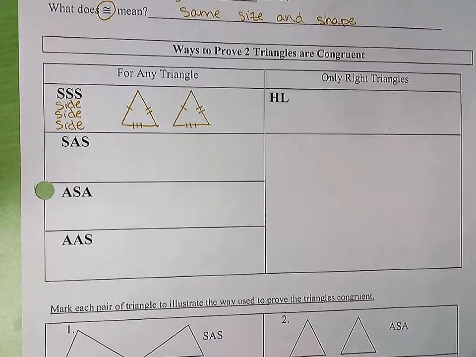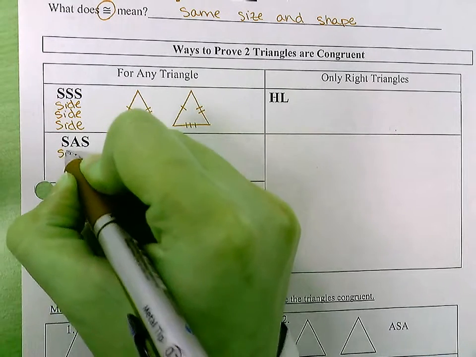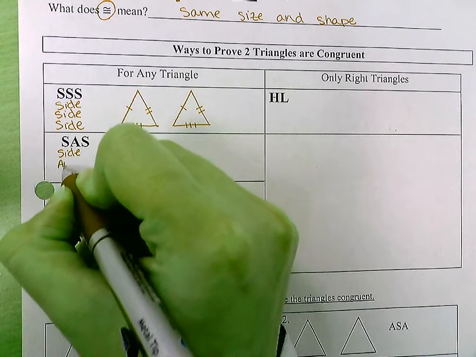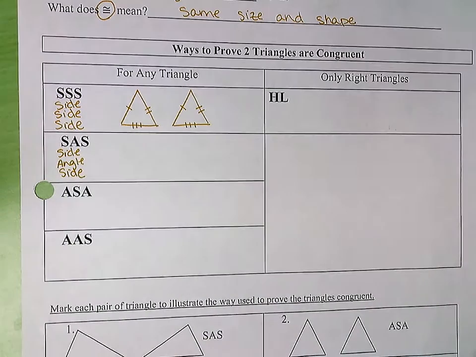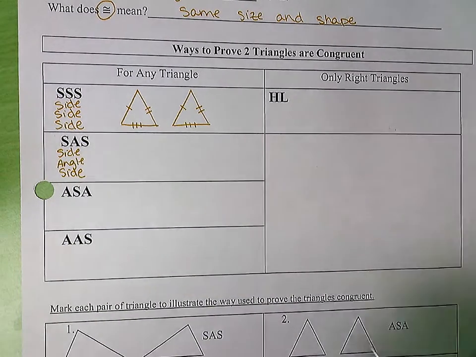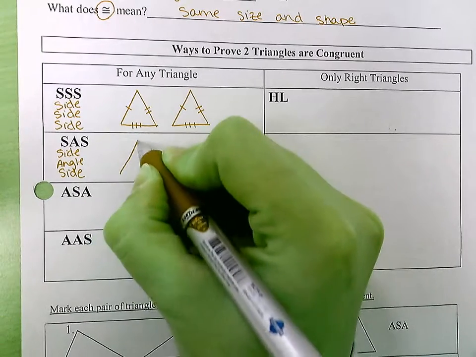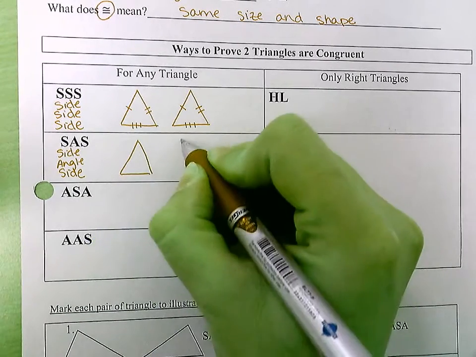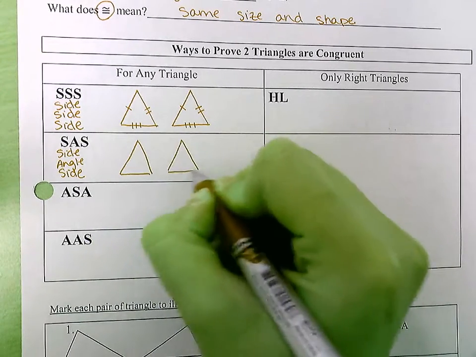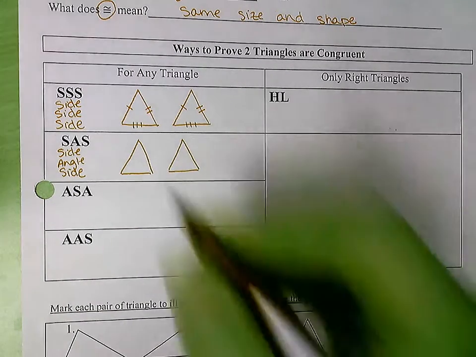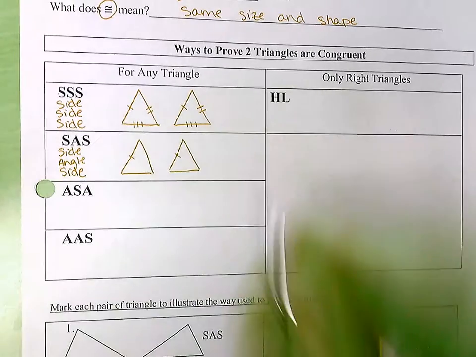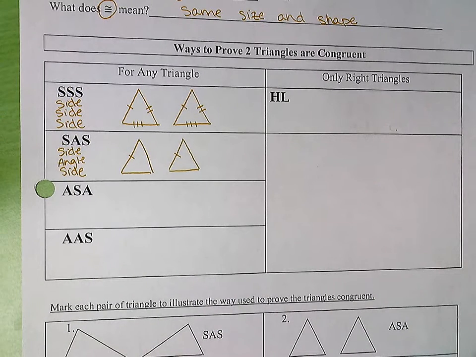The next one is side, angle, side. Again, if I have two triangles with side, angle, side, we know that there's one side in each that's congruent.